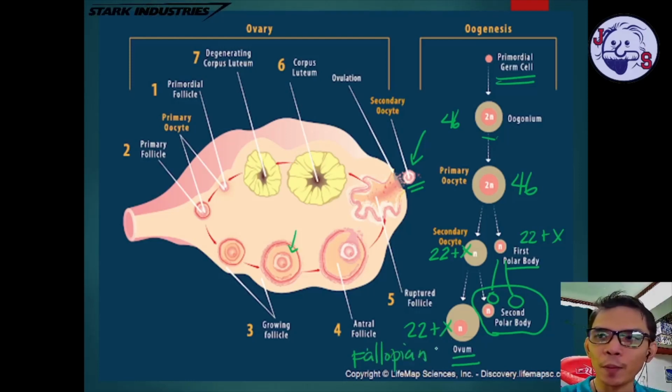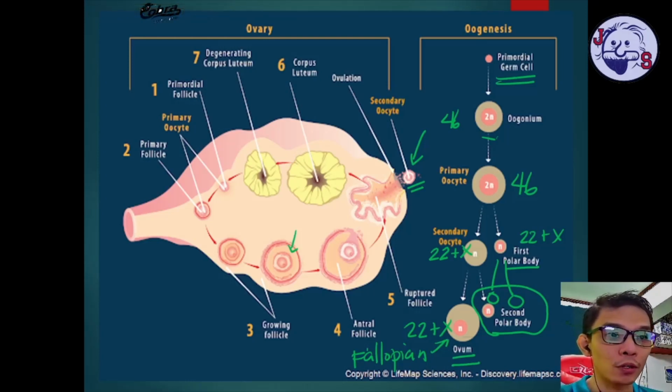During ovulation, it is released as a secondary oocyte, but the development happens in the fallopian tube. So that is how the egg is being produced here.